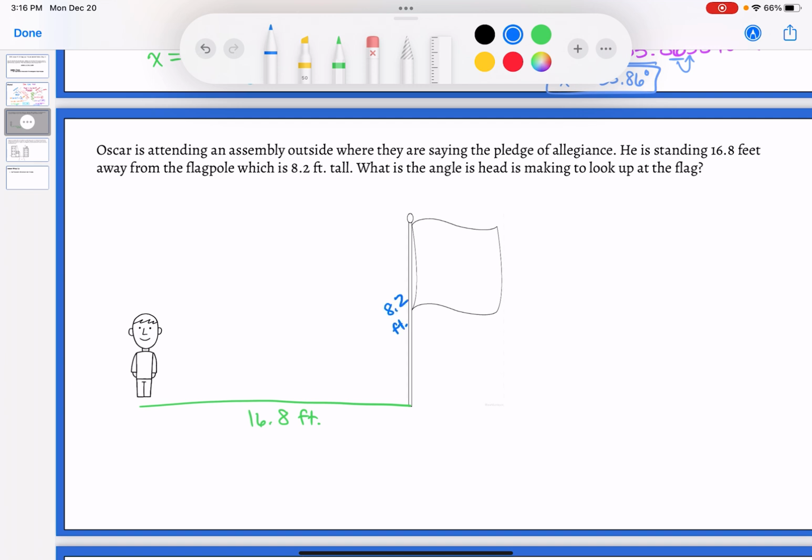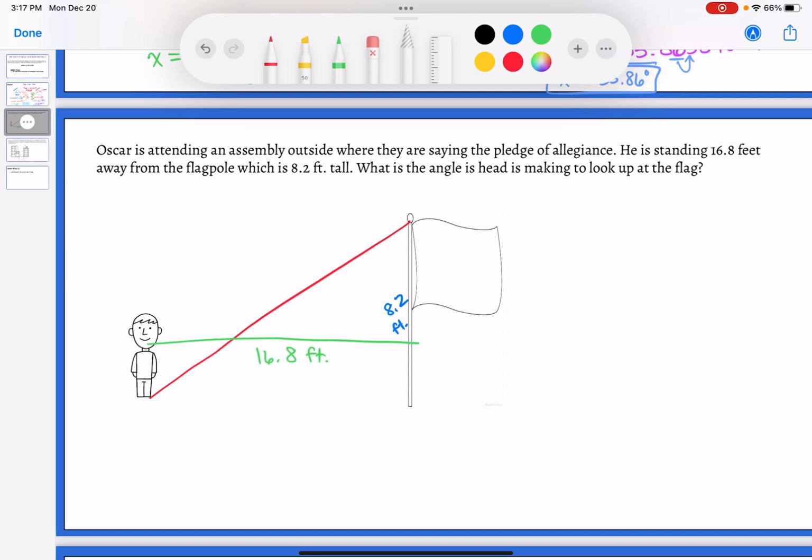What is the angle his head is making to look up at the flag? So we're trying to figure out what this is. I guess I should have my guy a little bit farther down. Maybe I should just move all of this up. Right here.